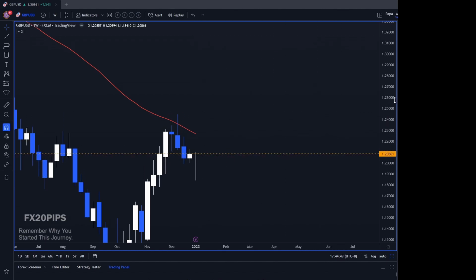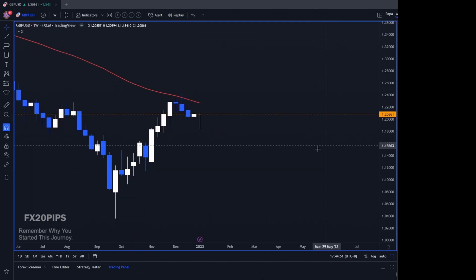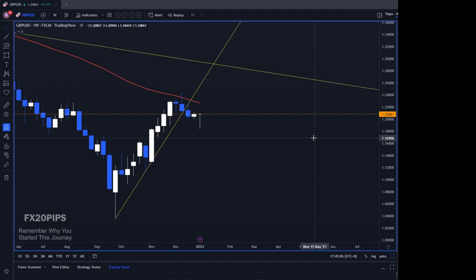Overall on the weekly basis, this is bullish. This whole area is bullish. I previously had some lines drawn.